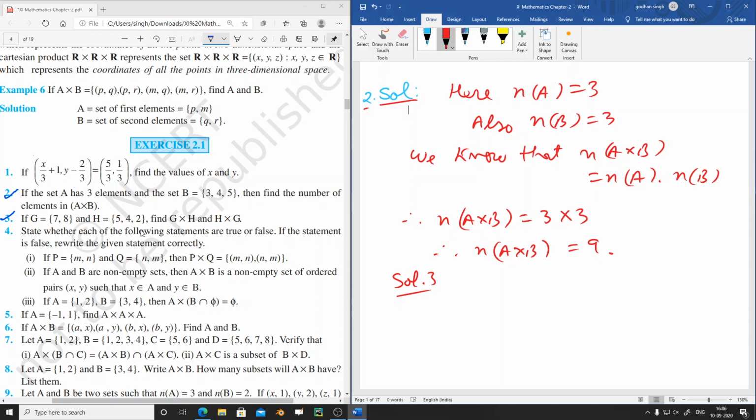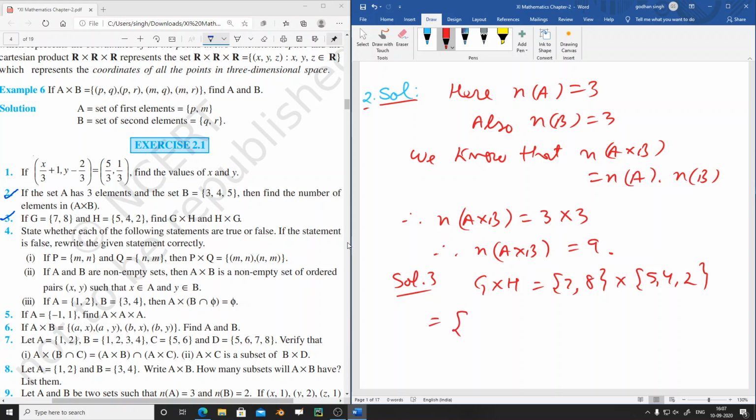and H equal to the set having the elements 5, 4, 2. First, we will find G cross H. G cross H equal to, we will write down the elements of set G, that is 7, 8, then cross, the elements of set H, they are 5, 4, 2. Now we know the meaning of Cartesian product.